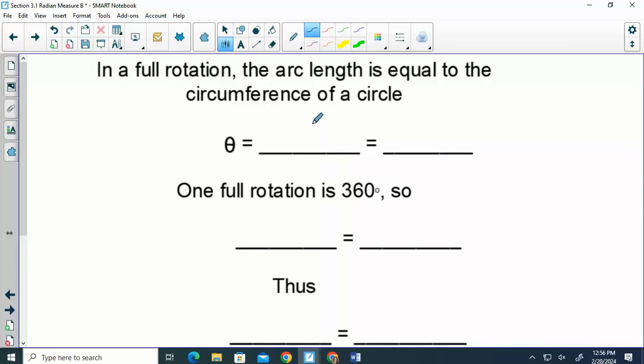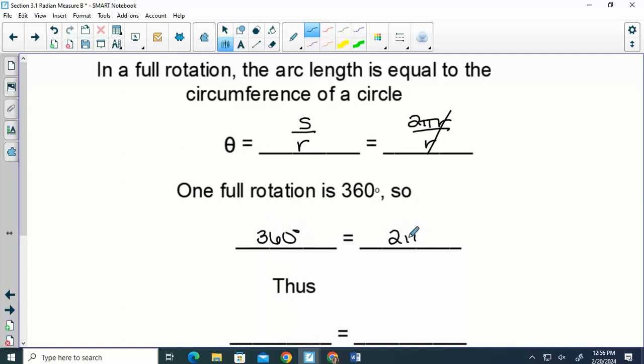If we go all the way around, we know our angle in radians is S divided by R. S would be the circumference, which is 2 pi R divided by R. So a full rotation in degrees is 360 degrees.